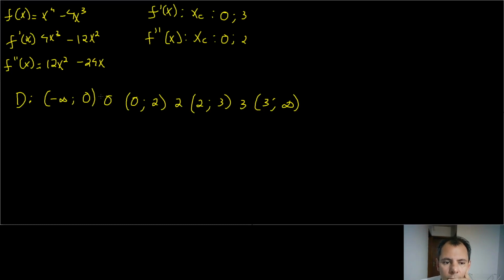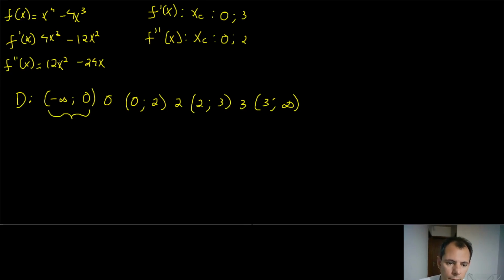So in this domain, there's going to be a concavity up or down. Why? Because the first derivative is not 0.